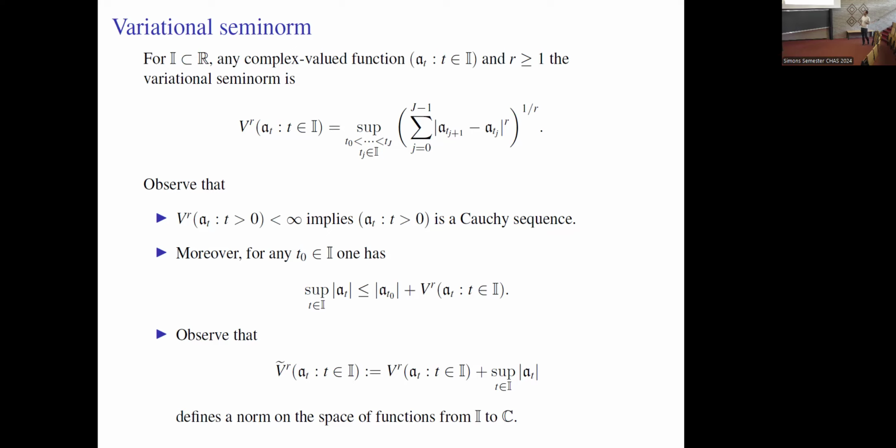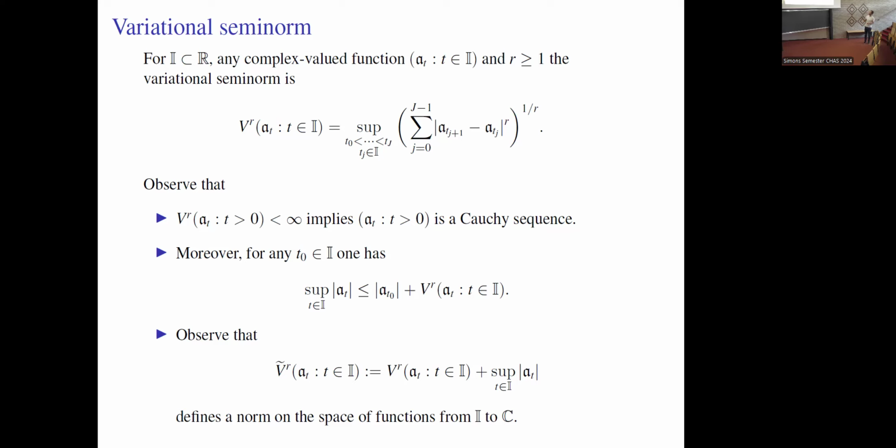Okay, so for r equal to 1, if you have a given sequence, it's quite easy to compute this r-variation, in the sense that what is optimal is to take as many points as possible. But if r is strictly larger than 1, then sometimes it's better to skip some points. So it's more tricky to compute it if you have a given sequence.